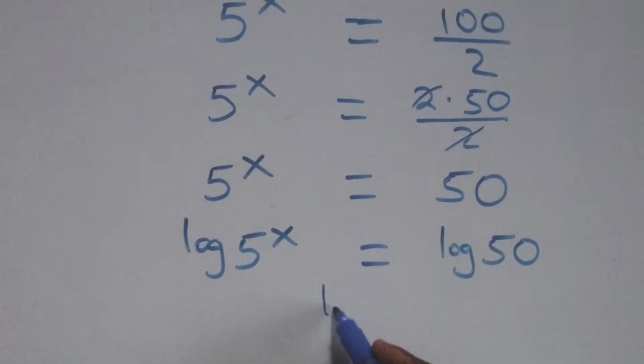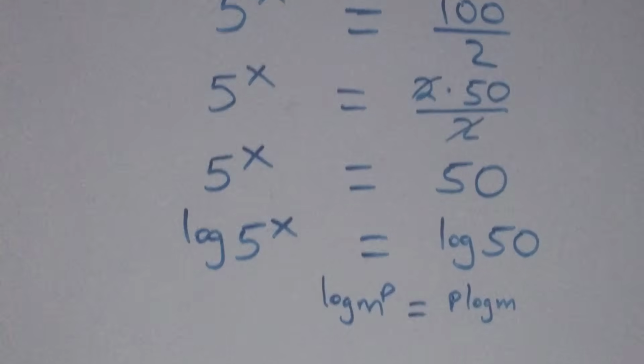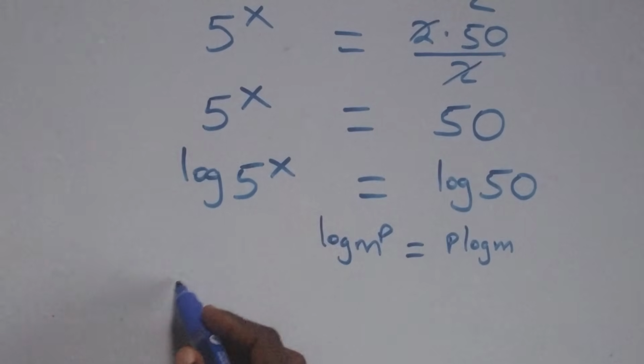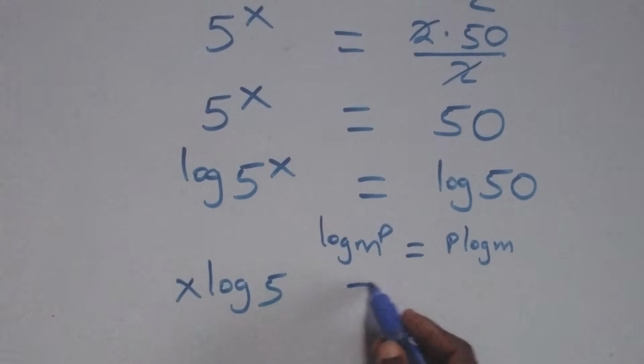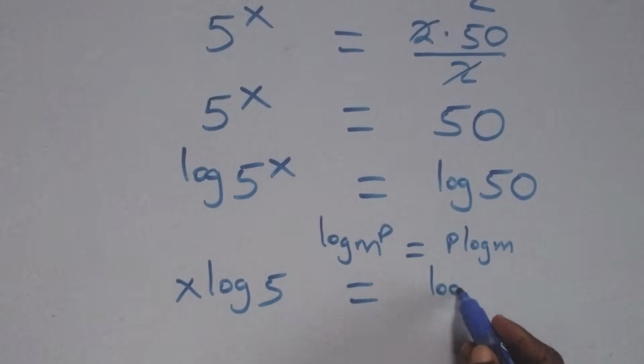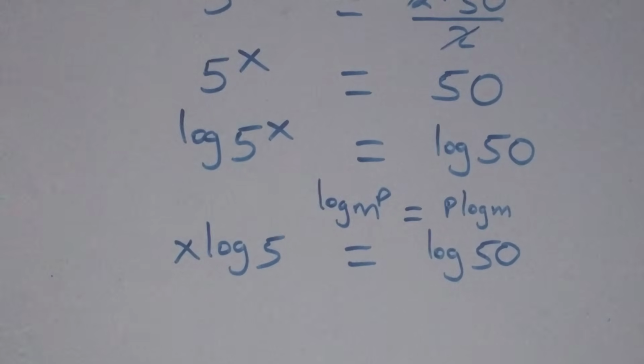This follows when we have log m raised to power p, this is the same thing as p log m. We apply this here and we have x log 5 equals log 50. Then we divide both sides by log 5.